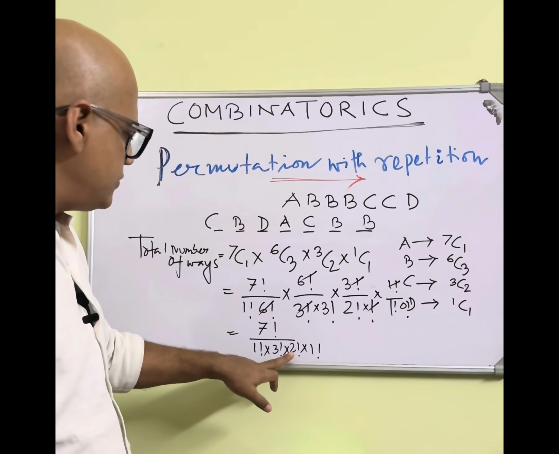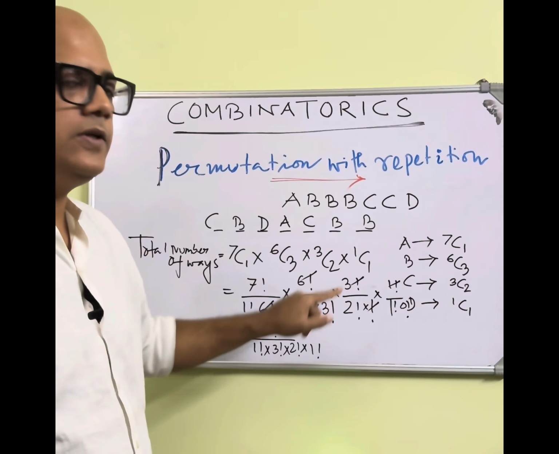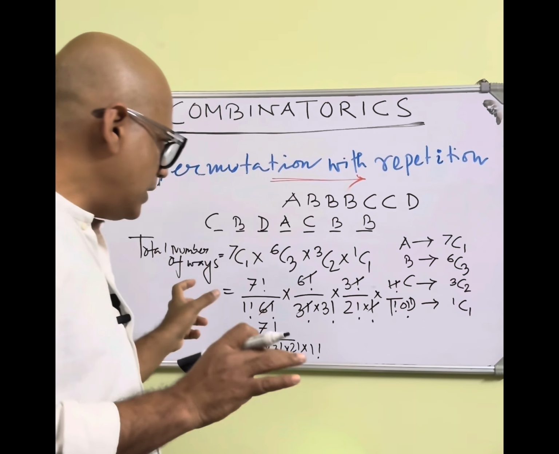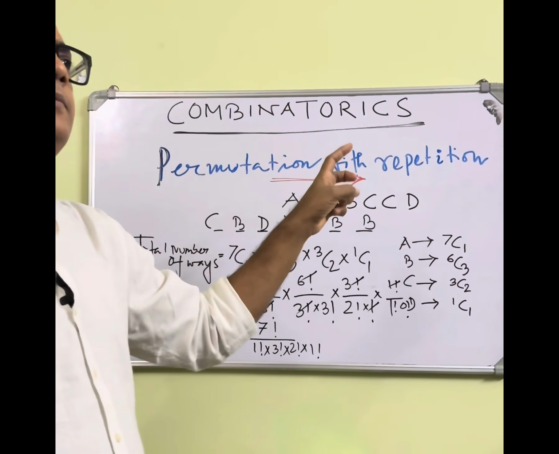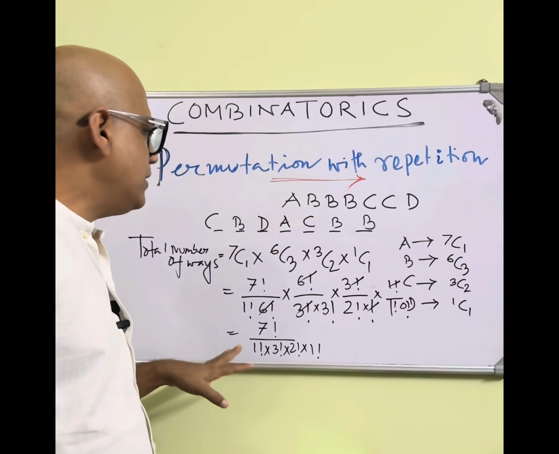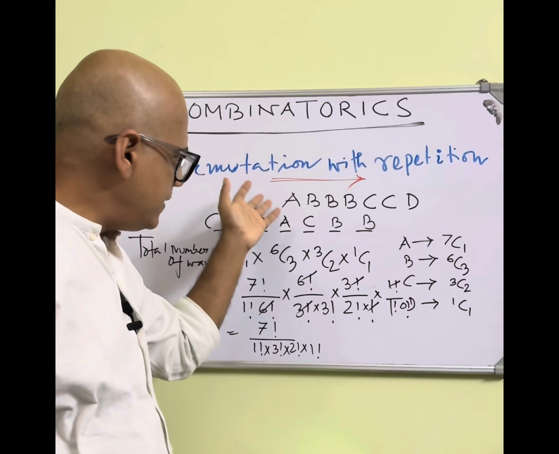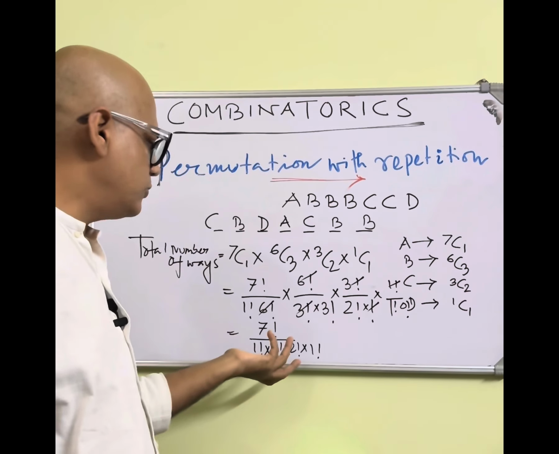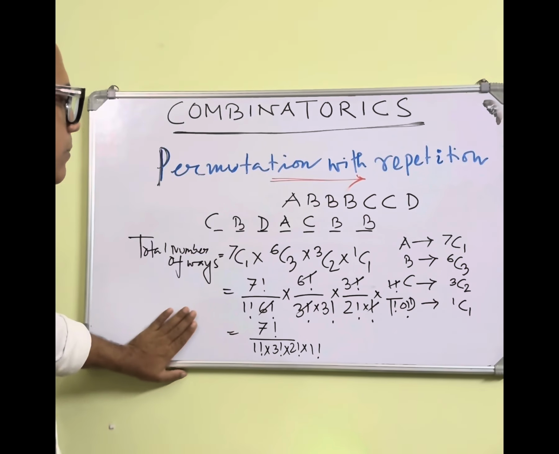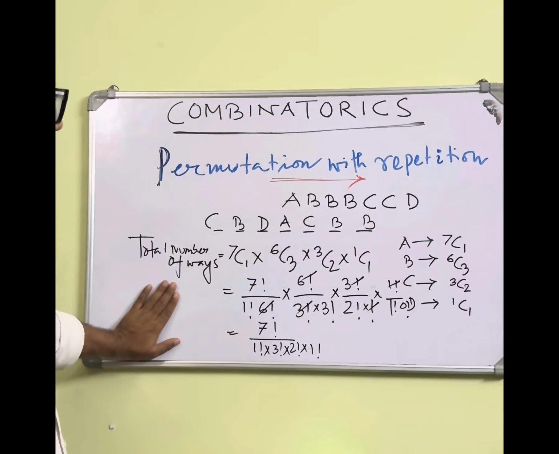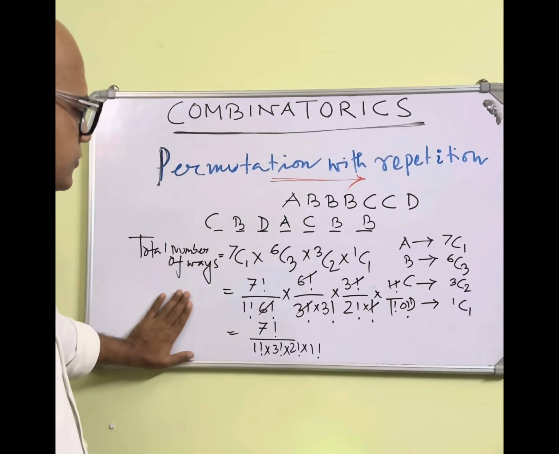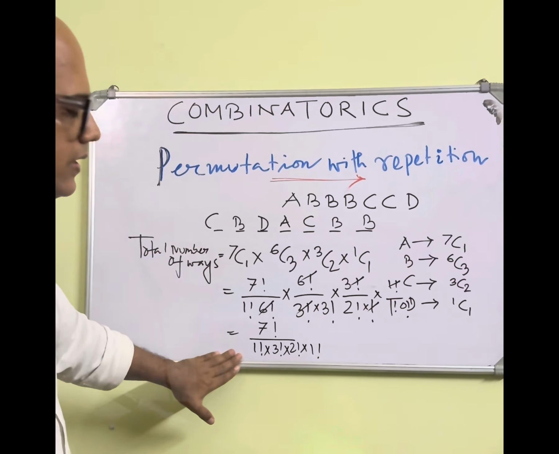C appeared twice, 2 factorial, times D appeared once, 1 factorial. So the total number of letters will come in the numerator, and in the denominator will come the frequency of every single letter, as a factorial. This is how we can form 7-letter words. So this many 7-letter words can be formed.